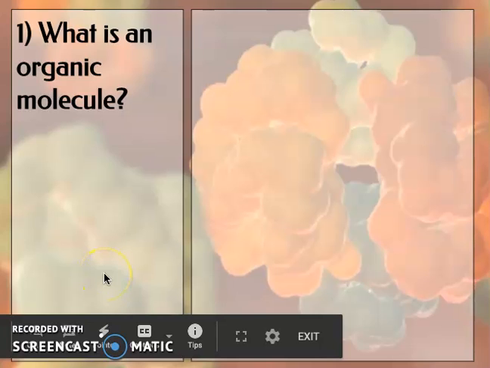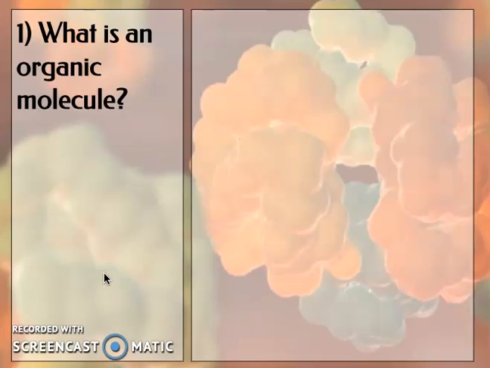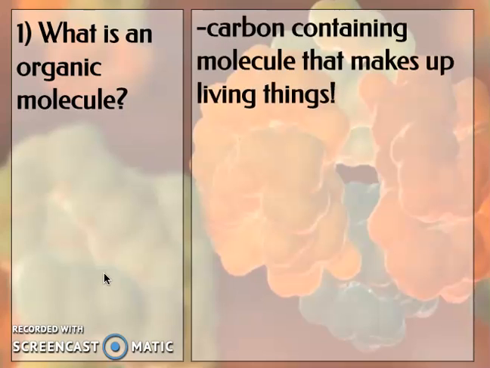So the first question is, what is an organic molecule? And I'm going to make it as simple as I can for you. An organic molecule is a molecule that contains carbon, and it's a molecule that actually makes up the bodies of living things.